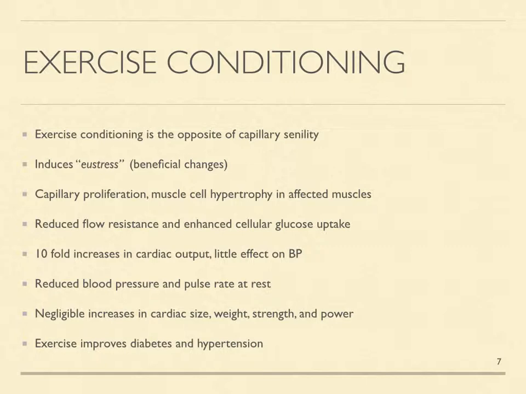It enables tenfold increases in cardiac output during intense exercise, with little effect on blood pressure and negligible increases in cardiac size, weight, strength, and power. Exercise conditioning is thus beneficial in both diabetes and hypertension. In fact, it may be the most effective and least problematic treatment for these illnesses.